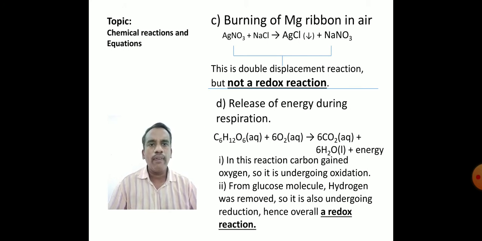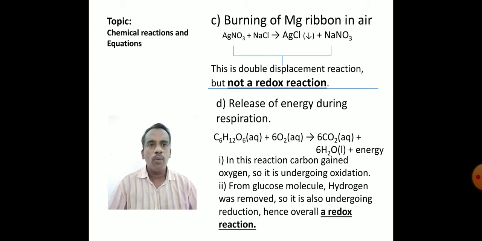Do you find on the reactant side, that is C6H12O6, the carbon is gaining oxygen, which means it is undergoing oxidation, and from that C6H12O6 hydrogens are removed, which means it is undergoing reduction.